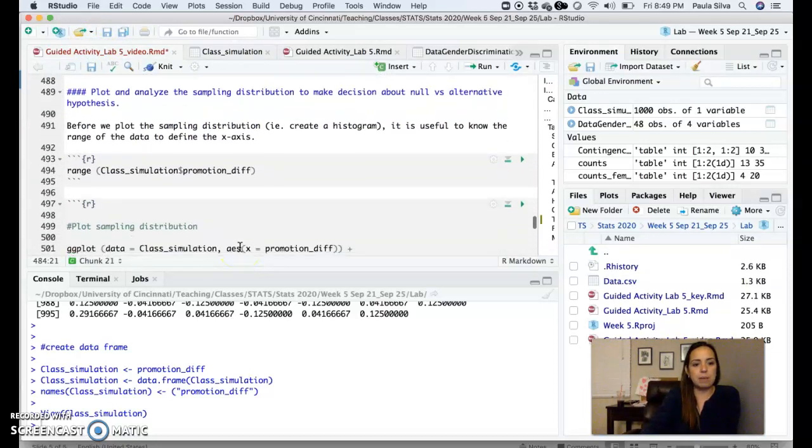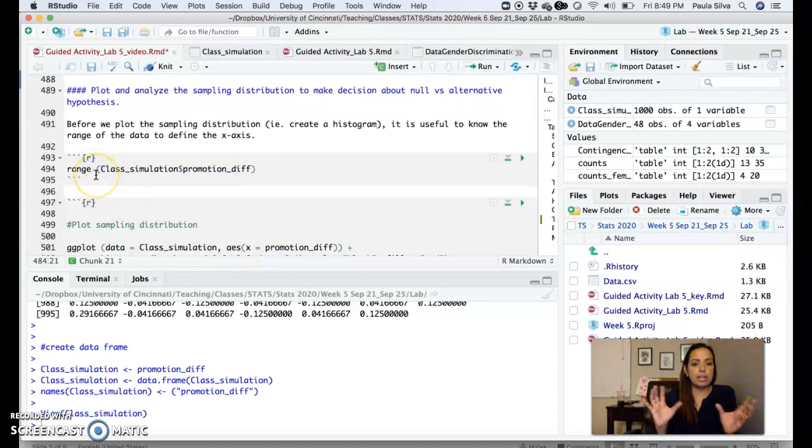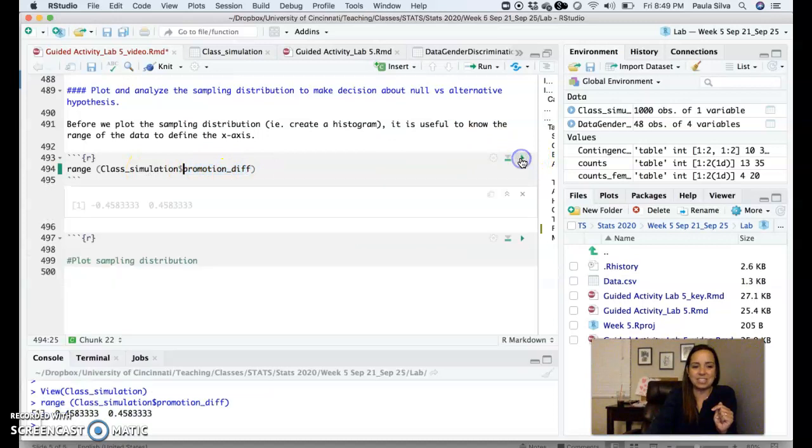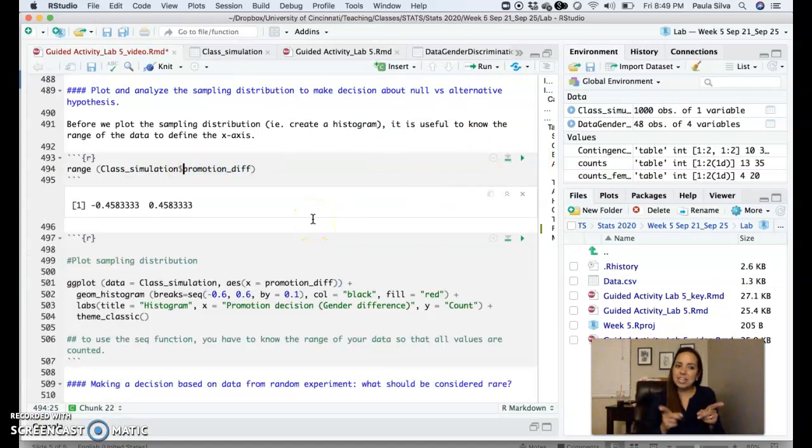Now, if we look at the range of values that we can expect by chance alone, we can say, get me the range of the variable promotion diff that is inside the newly created class simulation dataset. So you can see here that differences between decisions for male and female promotion can be as large as 45%, 46% in both directions, right? It can happen just by chance.